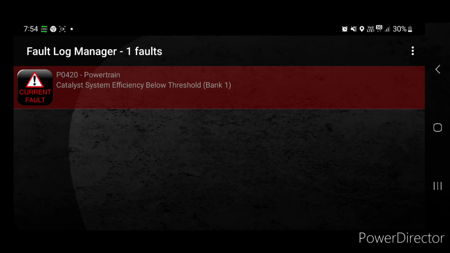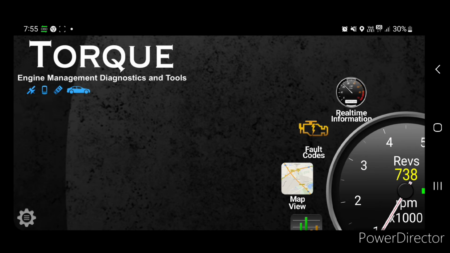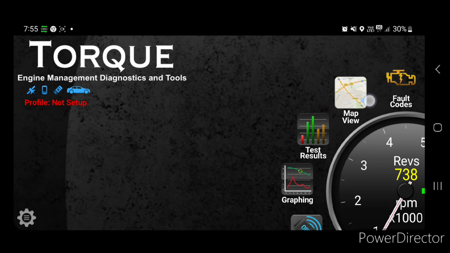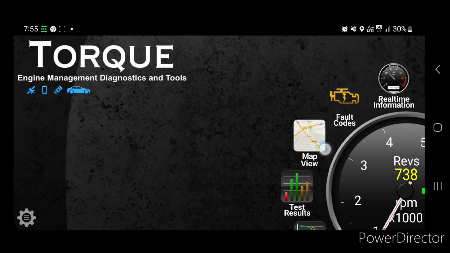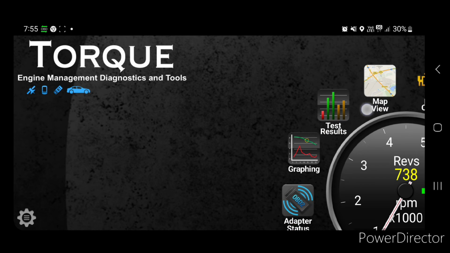So let's go back to, yep, this is the main dashboard. Fault codes, real time. So real time, as far as I know, these are our live parameters.